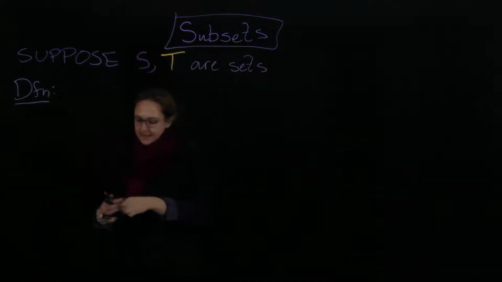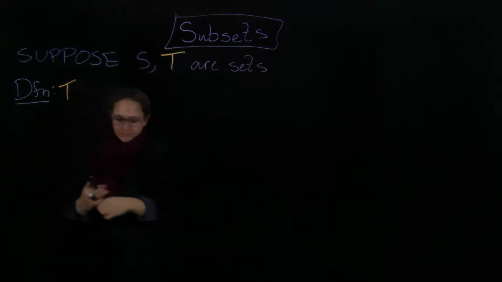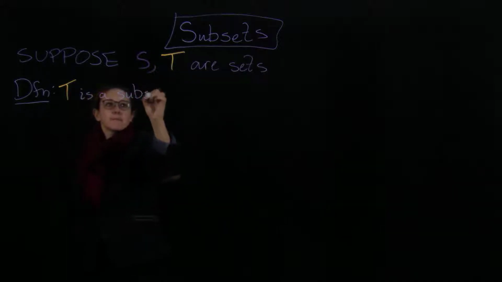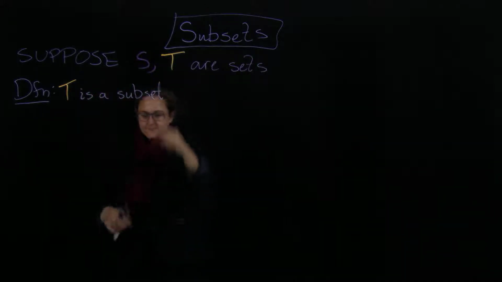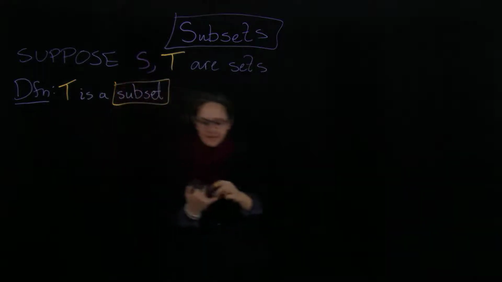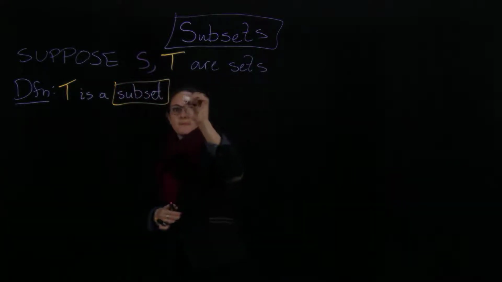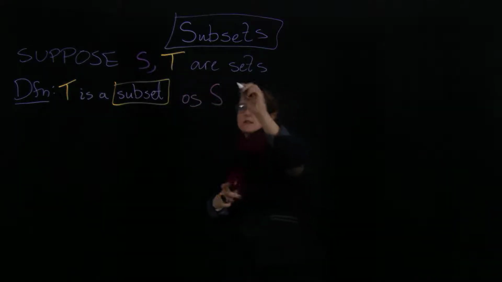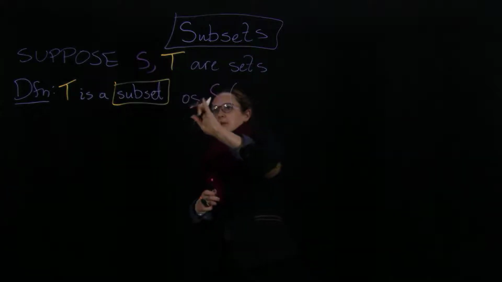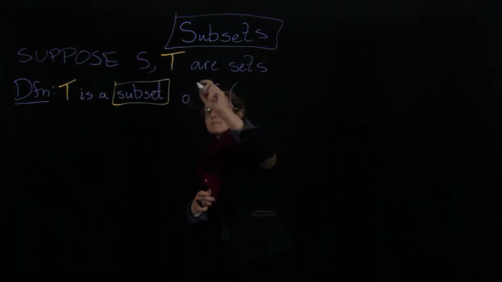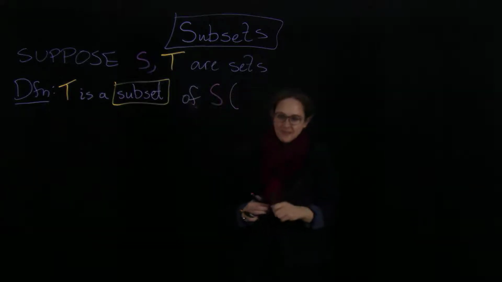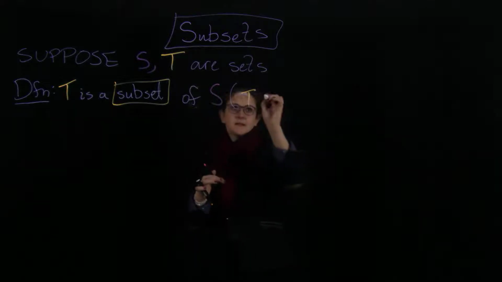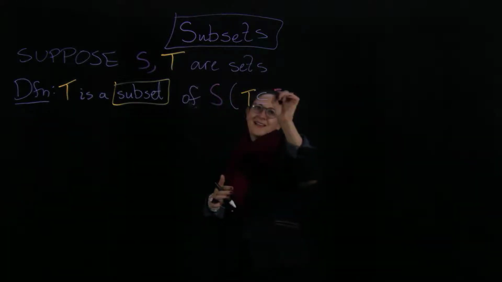We're going to say that T is a subset of S, and then we have notation for that. So the notation is, oops, that should be an S, not an F. The notation is that T is a subset of S.